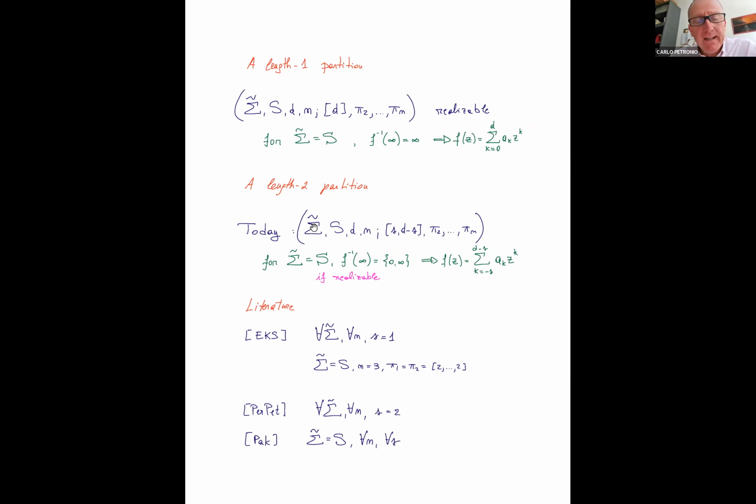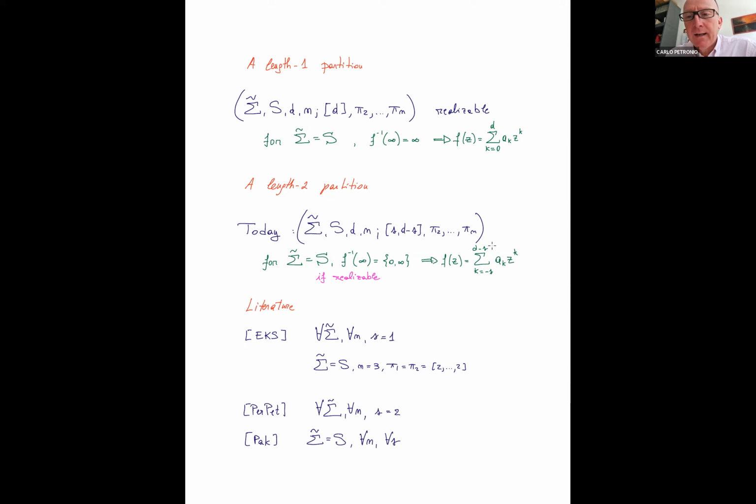And again, you can ask the same question for a length 2 partition. If sigma twiddle is also the sphere, you can assume that this branch point is infinity in the complex projective line, and you can assume the preimage is given by 0 and infinity. So in these cases, the map is actually realized by a holomorphic map.